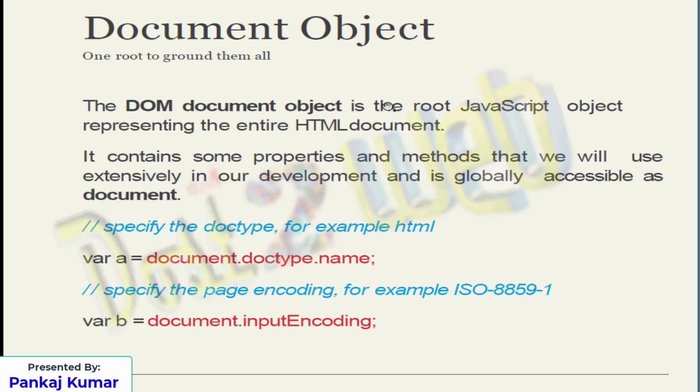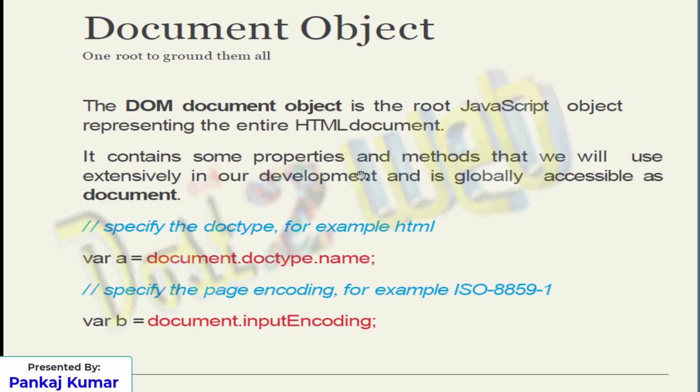When we talk about the document object, it is the root JavaScript object which represents your entire HTML document, and it contains some properties and some methods that are used extensively in development, and it is globally accessible to the entire document.